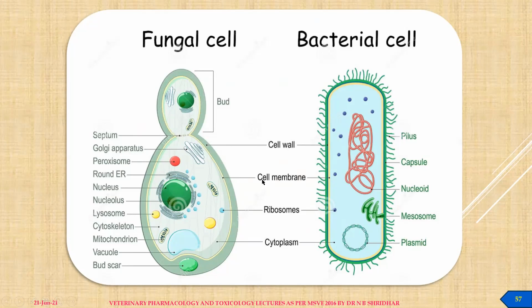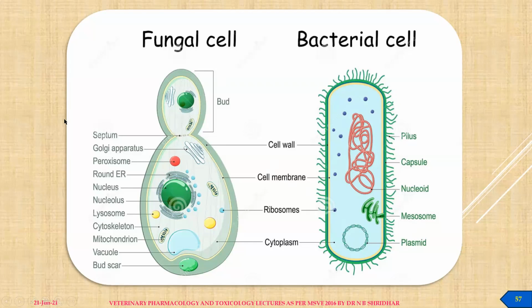Of course, both of these have a cell membrane, and the ribosomes are present throughout the cytoplasmic fluid. Both have cytoplasm, whereas the bacteria do have the pilus and also the capsule, the nucleoid and the mesosomes, like these polysomes and the plasmid.